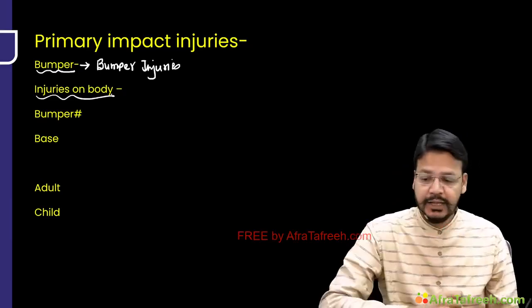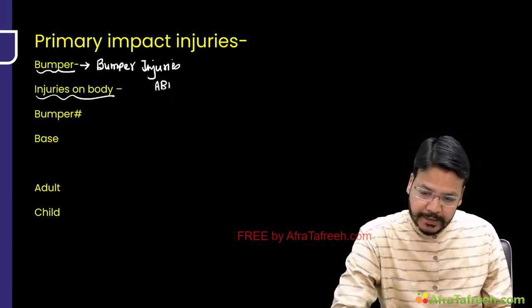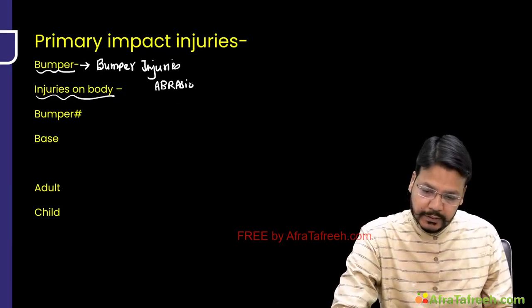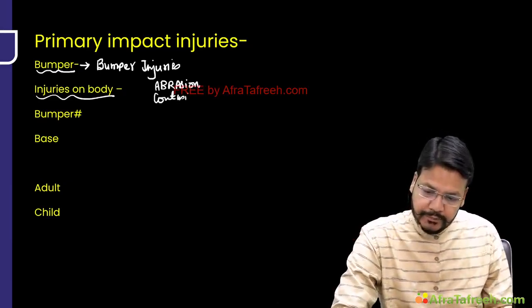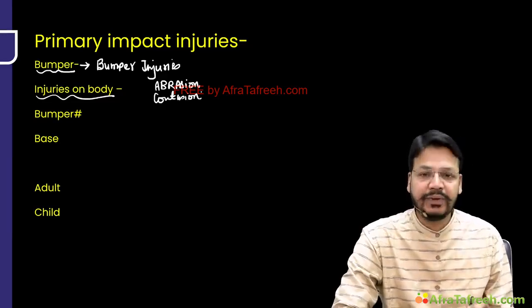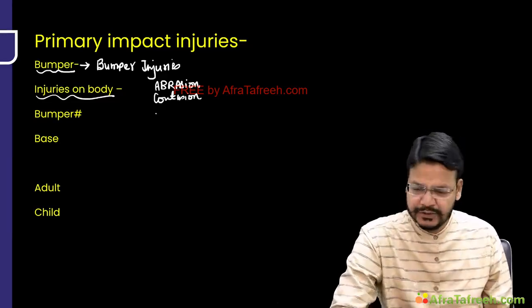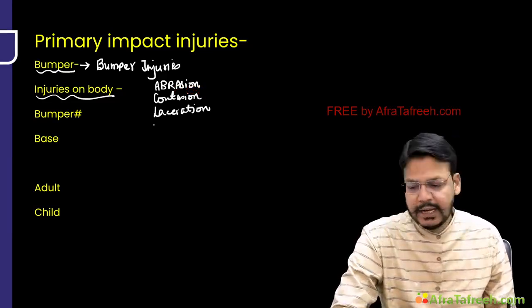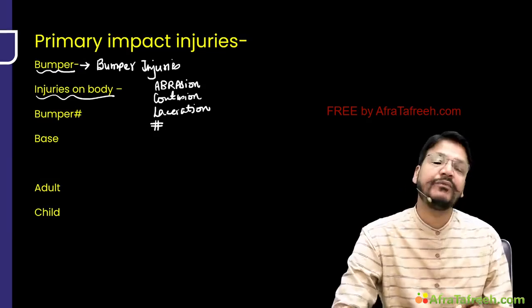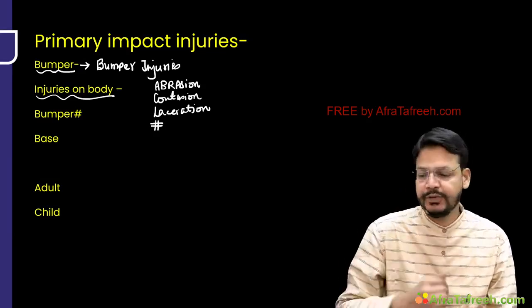Number one, it could be abrasion. Number two, contusion. Number three, some kind of laceration. And the last but not the least, very important, some fractures. These are bumper producing injuries.